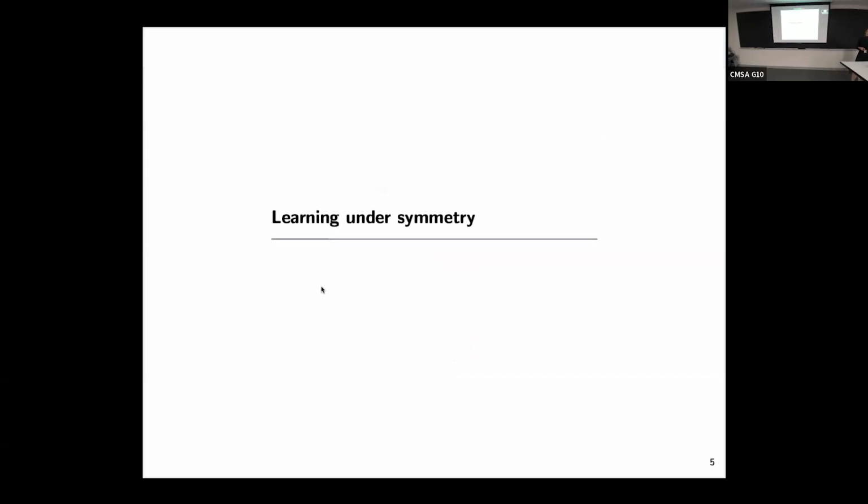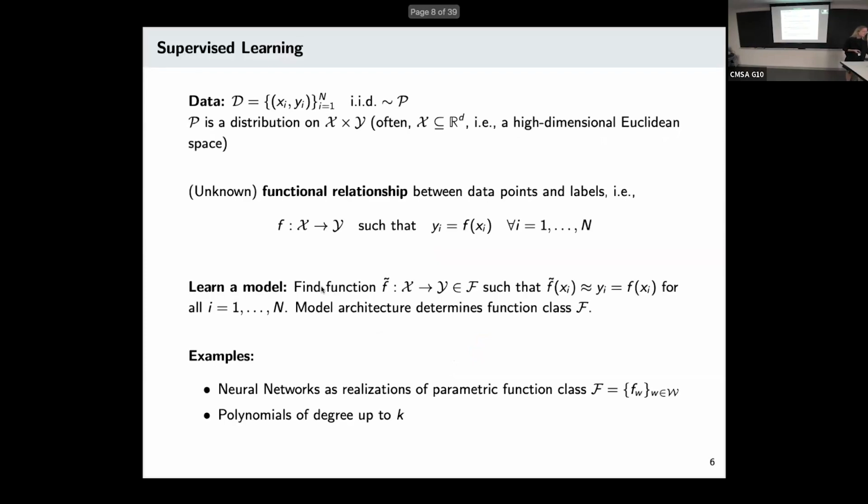Okay, but let's start with learning under symmetry. So many in the audience probably know what supervised learning is, but just so that we're all on the same page, let me briefly introduce the setting that we're considering here. So we will only look at supervised learning tasks. In supervised learning, we have some labeled data set that we can use to train our model.